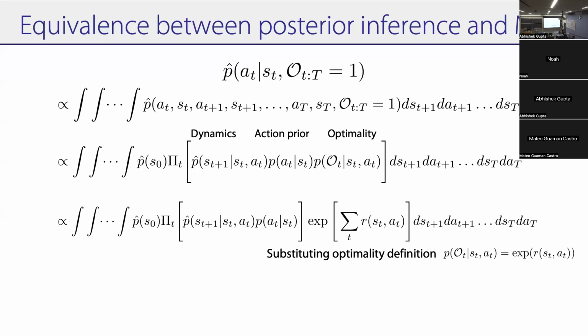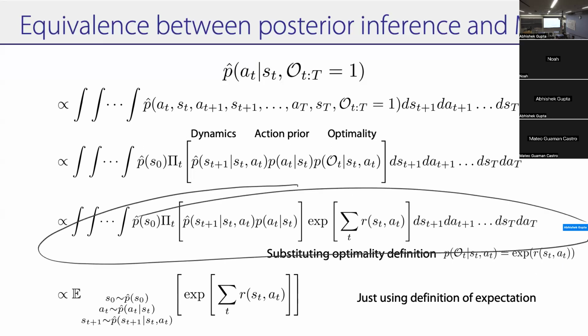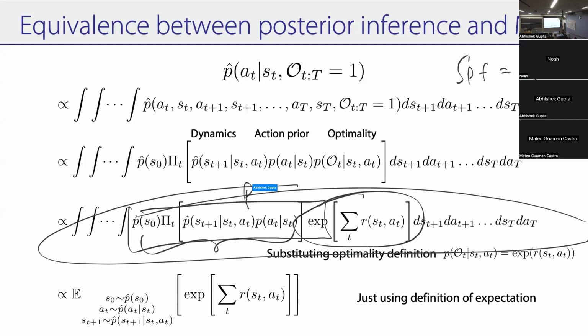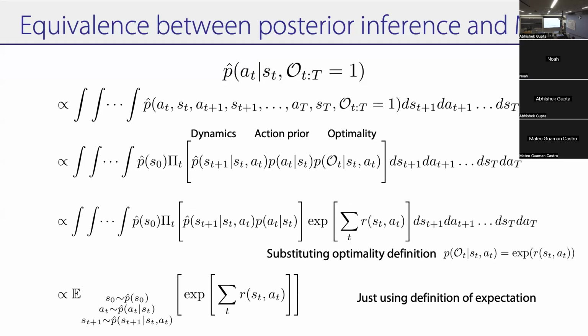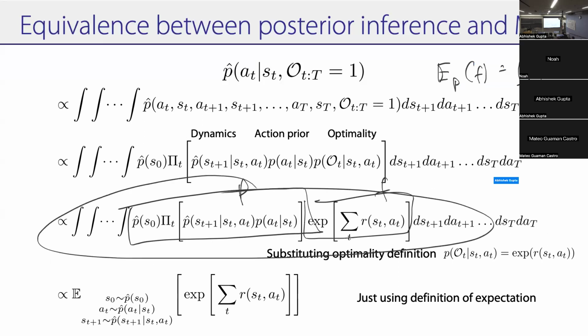Now we notice that this is just an expectation, if you sampled under p hat, weighted by the exponentiated sum of rewards. It's just saying that integral of P times F is equal to the expectation under P of F. So you can think of this whole thing as P and this thing as F. We're going from an integral back to an expectation.